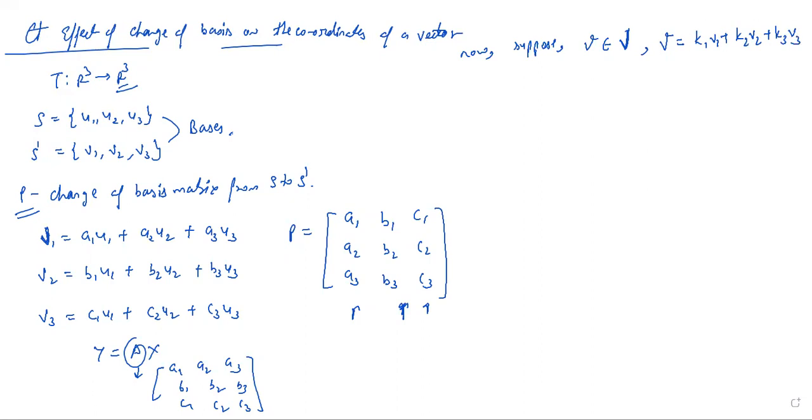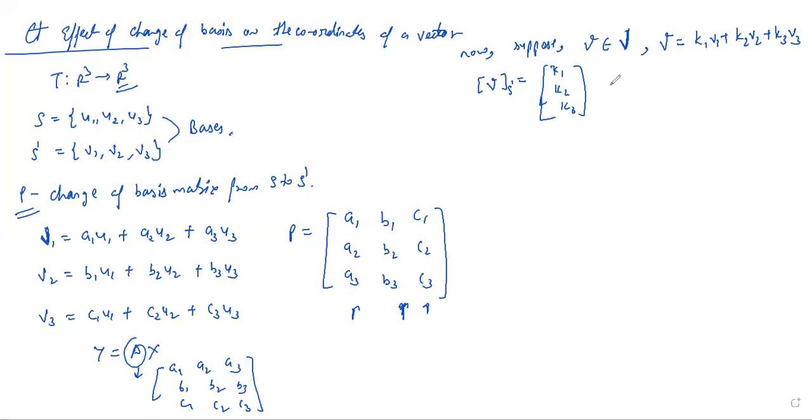This is how we are writing V. So what are the coordinates of this V? The coordinate vector of this V is K1, K2, K3, and these values of the coordinates are corresponding to the basis S dash.